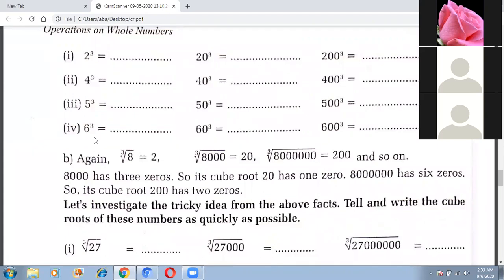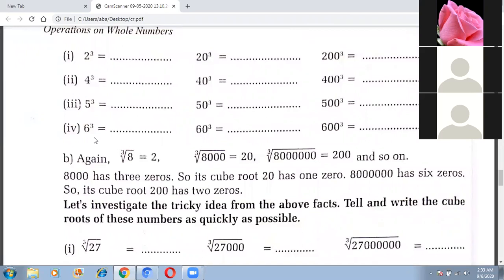If given number has only 1 zero, its cube has 3 zeros. If the given number has 3 zeros, its cube has 9 zeros. Now what is the cube of 500?